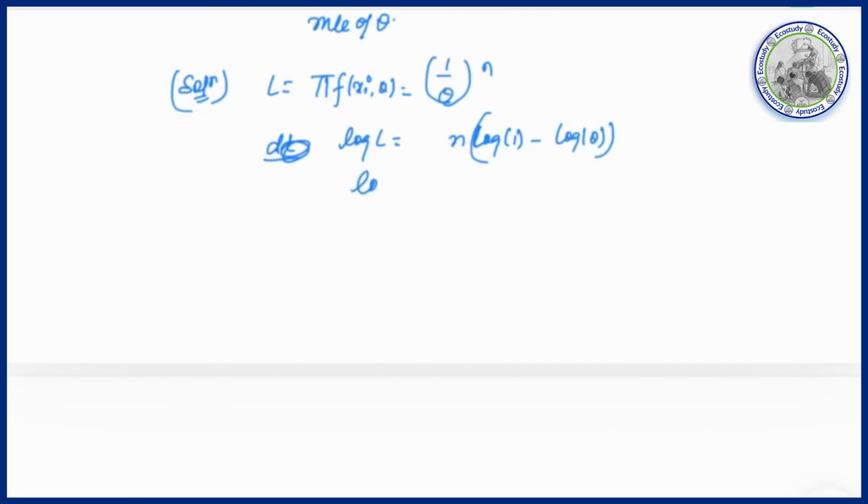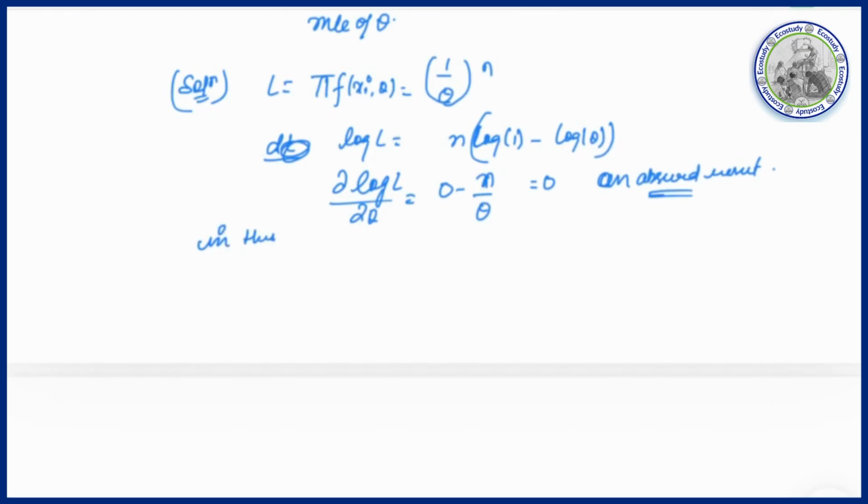Now when you differentiate it, what will you get? 0 minus n upon theta, and that is equal to 0. It's an absurd result. We can't do it like this, because we will not get any result for this MLE.